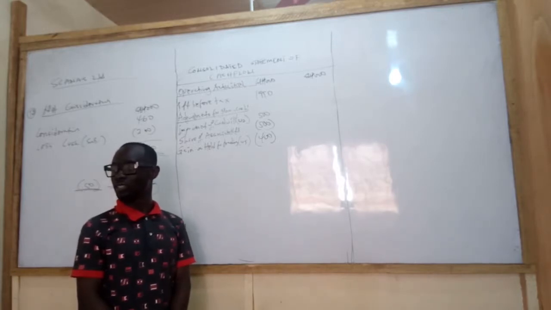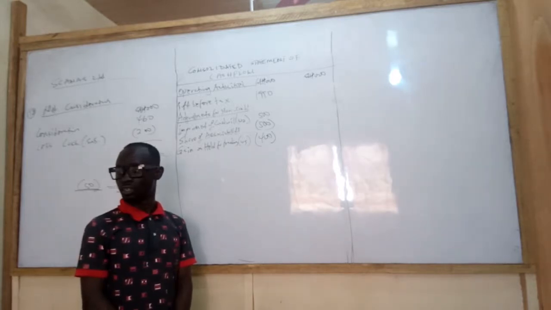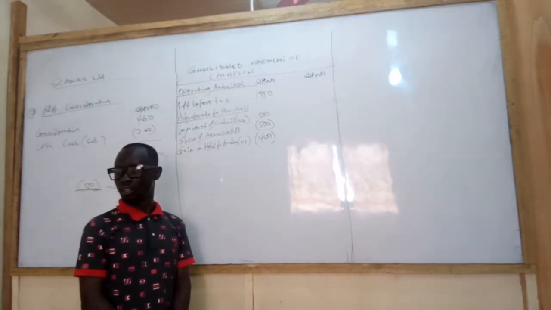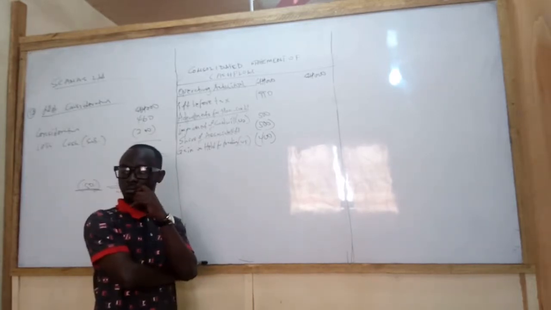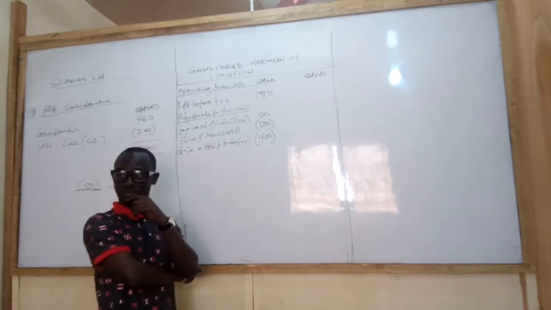I can't find the share of associate profit. We work it out. I can't find this. No workings. Workings 5. Dividend. But we computed we had share of profit. Can't you see share of associate profit in the income statement? Share of profit.